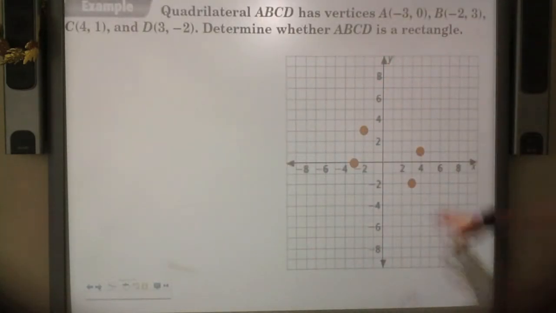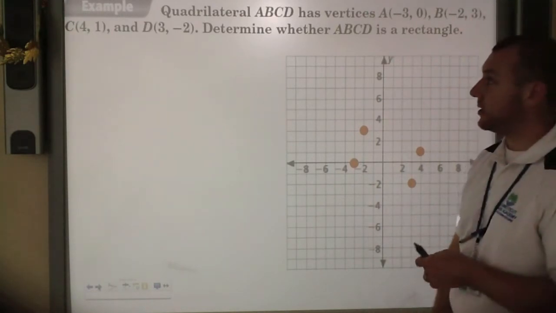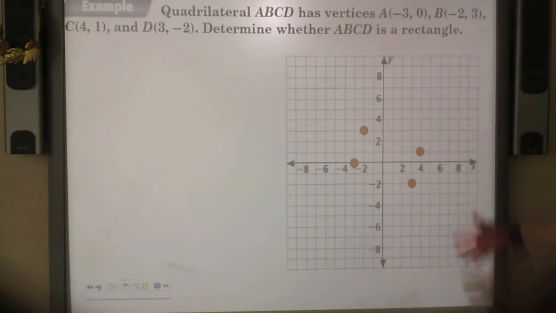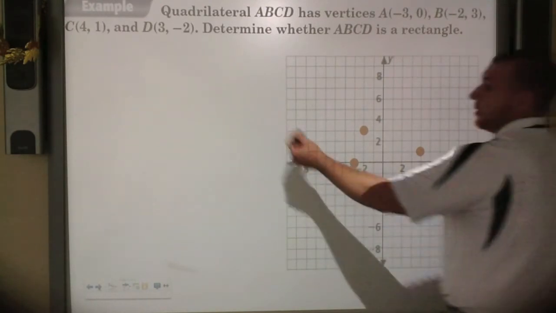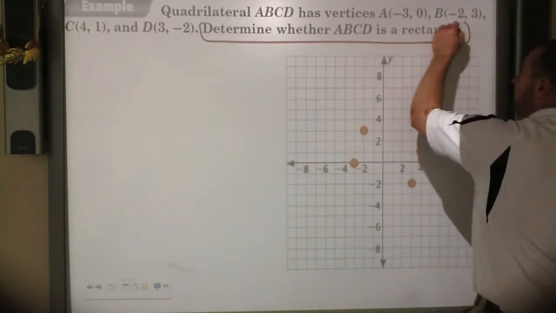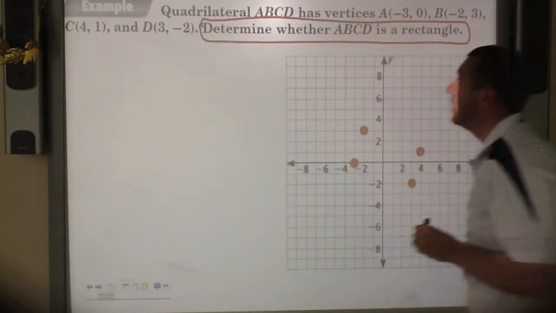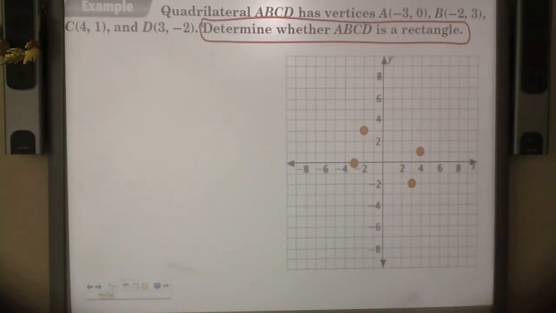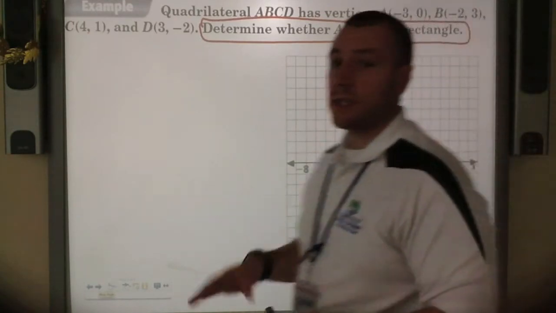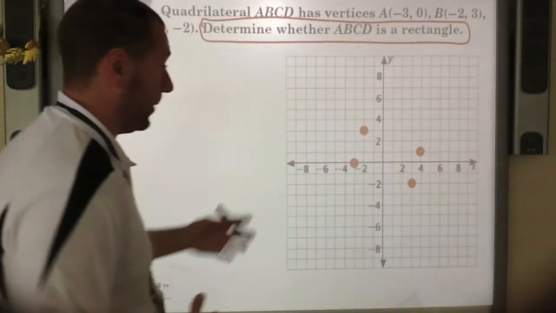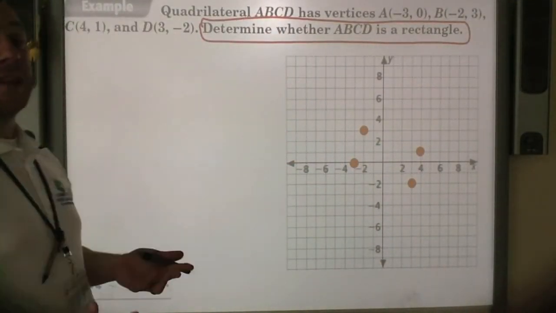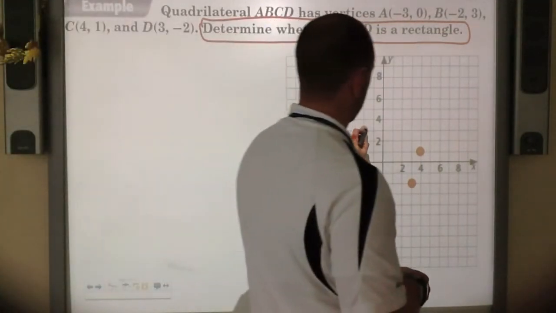The trick becomes now on the back side, where we're graphing, and we have to determine whether it's a rectangle. So the first thing you need to do is plot the points, and then you draw on these line segments.